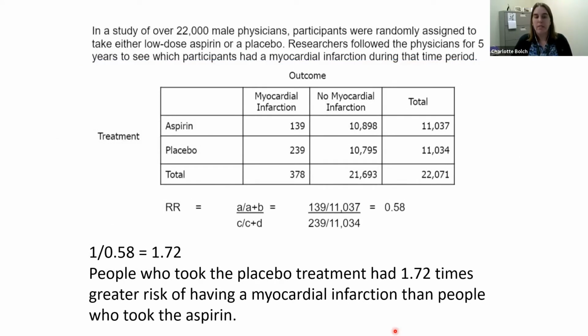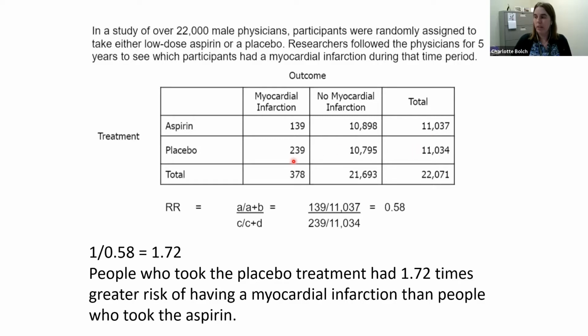We have a study of over 22,000 male physicians who were randomly assigned to take either low-dose aspirin or a placebo, and they were followed up for 5 years to see whether they had a myocardial infarction or not. We can calculate this relative risk by first taking the number of physicians that took aspirin that had an MI divided by the total number of people in that aspirin group.